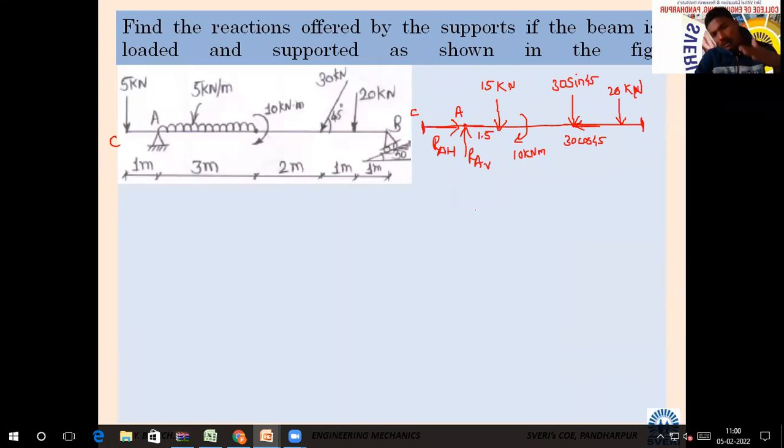That surface is inclined at 30 degrees with horizontal, so the reaction on that surface will make the same 30 degree angle with vertical. Then what angle will the reaction make with horizontal? 60.